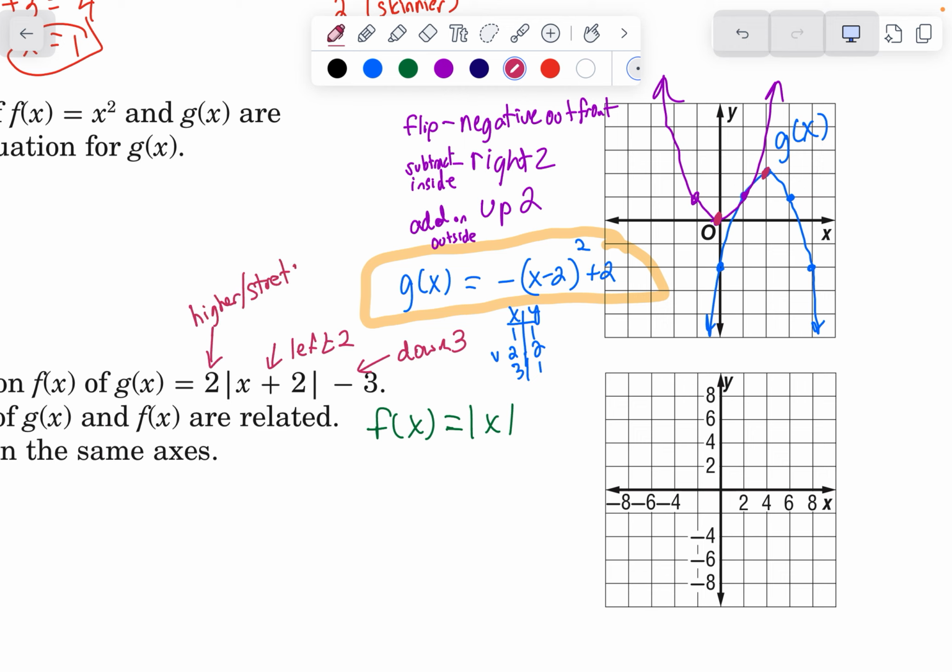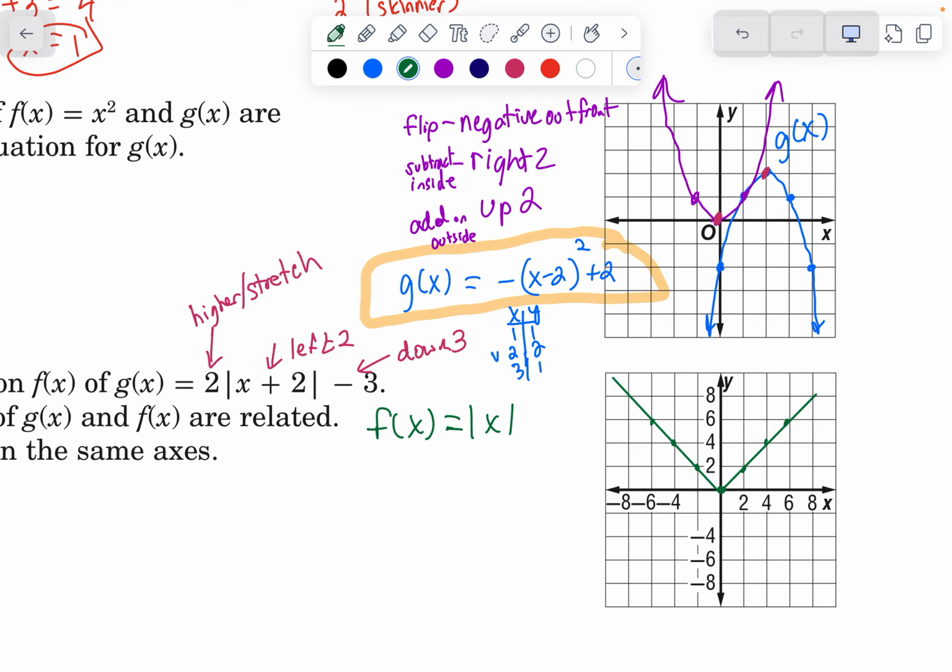Okay. Now, what's great is we can just graph things. I'm going to put f of x in green. That's just our V. They are counting by 2s on this graph paper. But that's what our V looks like. 2, 2, negative 2, 2, 4, 4, negative 4, 4, 0, 0. Okay. So that's the original.